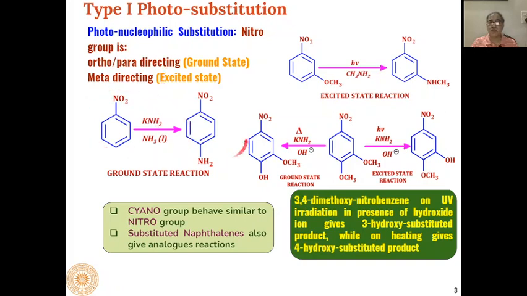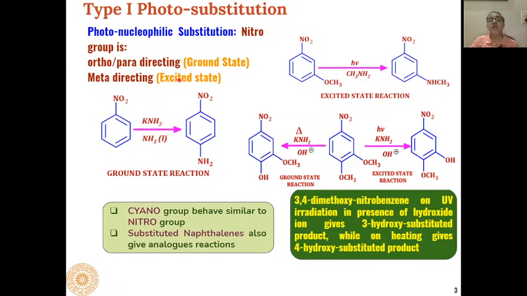For example, you can see this reaction where, when we react potassium amide in presence of liquid ammonia with nitrobenzene, then amination of this nitrobenzene will take place at ortho and para positions, and the para product is formed as the major product in this case, and we call these thermal reactions ground state reactions.